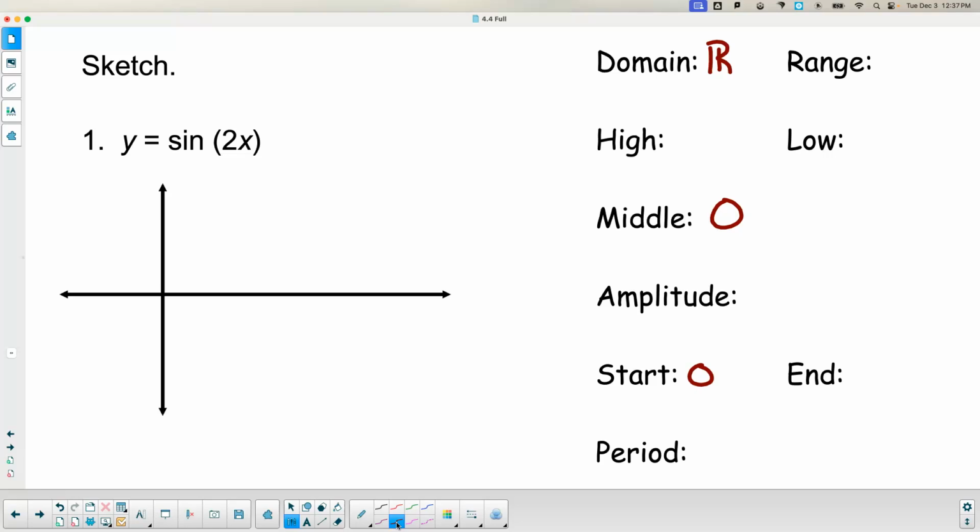So the first thing that you should do is you should ask yourself, what is my period? Two pi divided by the absolute value of b is going to be 2 pi divided by 2, which is going to be pi.